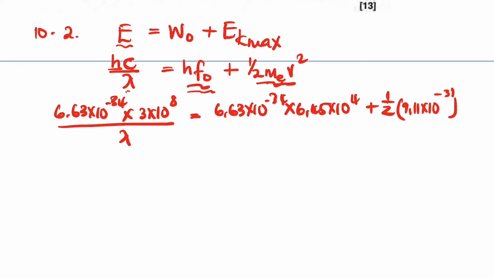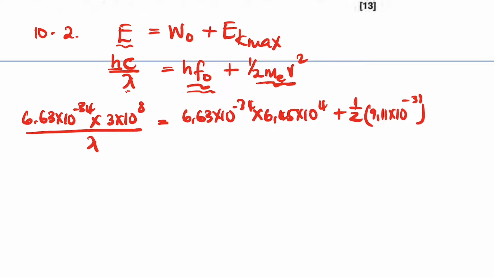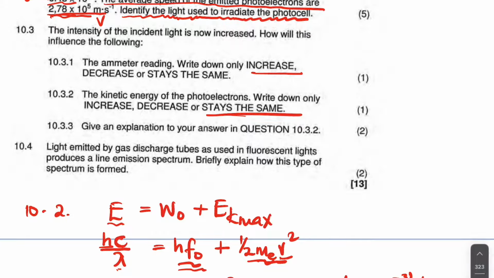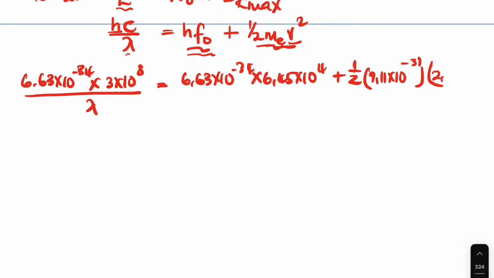And then we times by the speed. We were given the speed there. The speed is 2.78 times 10 to the power 5, squared. Don't forget to square.